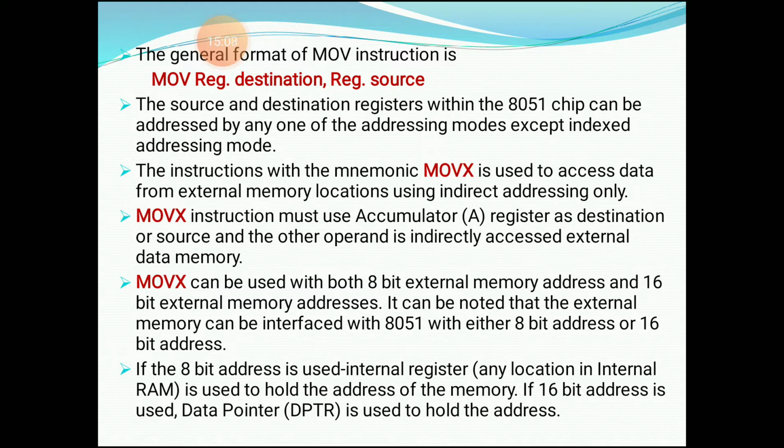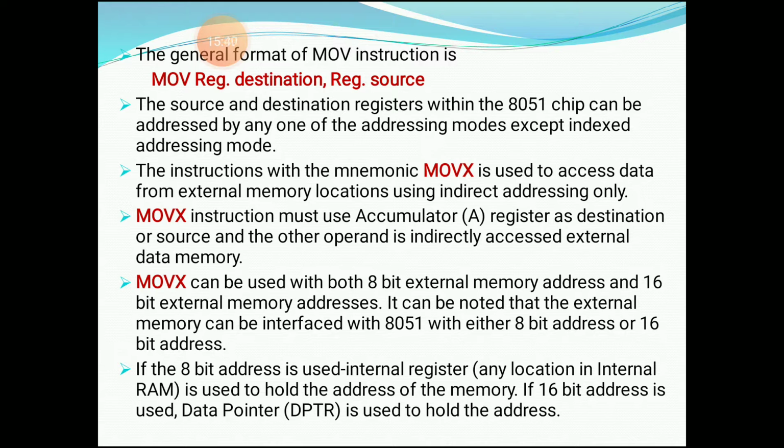The MOVX instruction is used to access data from external memory locations using indirect addressing mode. MOVX must use the accumulator register as a destination or source, and the other operand is the indirectly accessed external data memory. MOVX can be used with both 8-bit and 16-bit external memory addresses. The external memory can be interfaced with the microcontroller with either an 8-bit address or a 16-bit address.